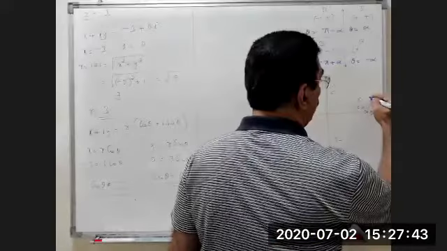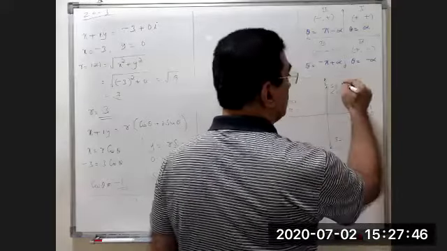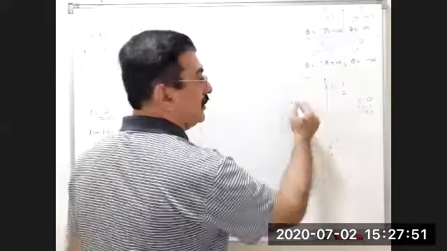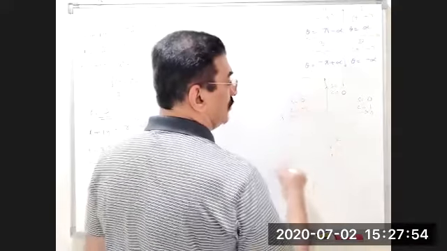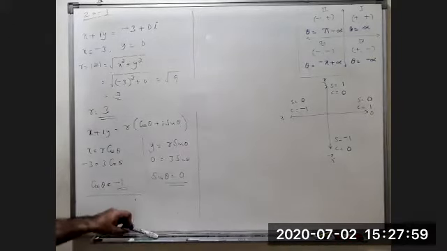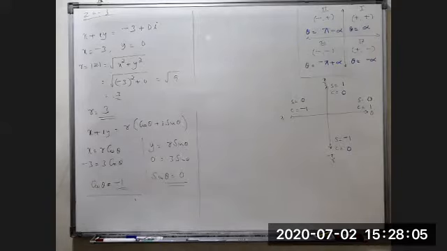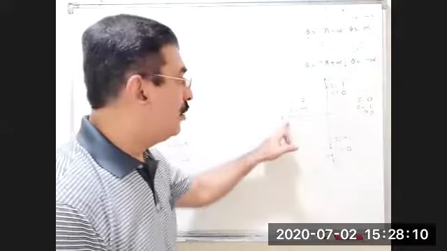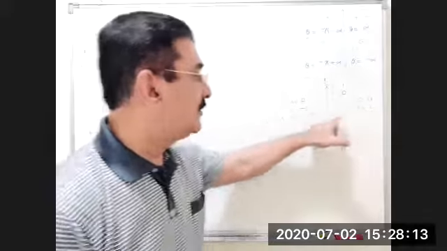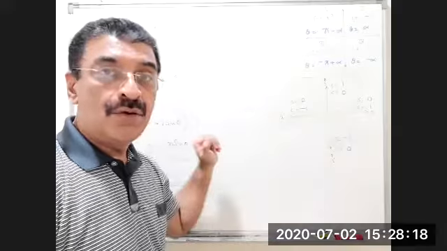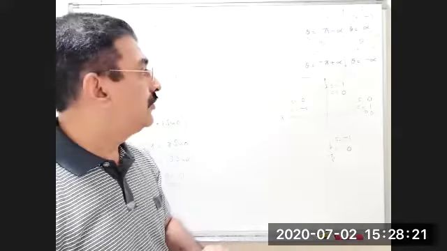Sine 0 is 0, cos 0 is 1, sine 90 is 1, cos 90 is 0. Here, sine is 0, cos is minus 1, then sine is minus 1, cos is 0. You learned it in trigonometry. Now see this one. It's very easy to remember. Along the x-axis, sine remains 0 always.